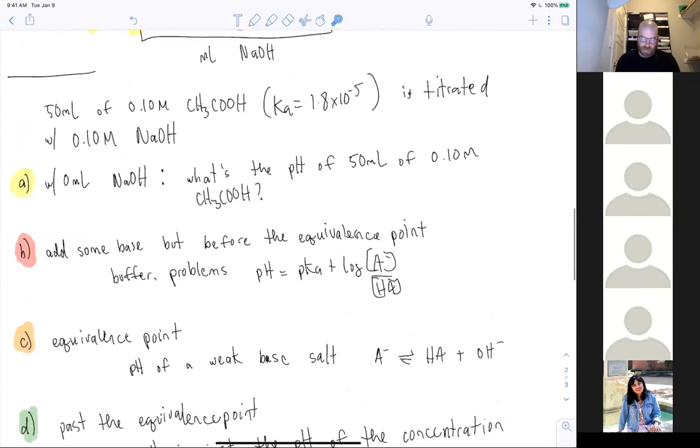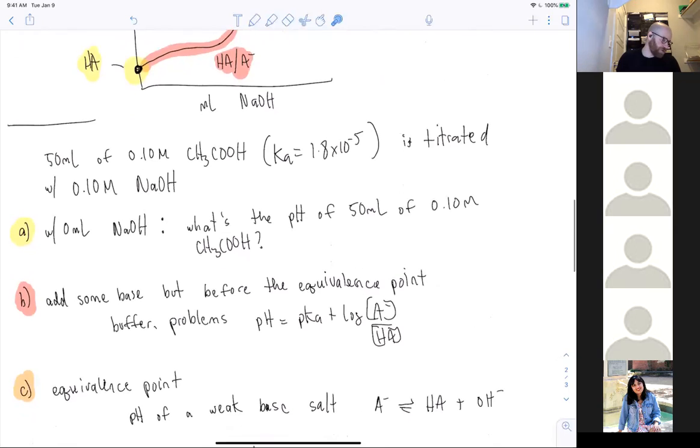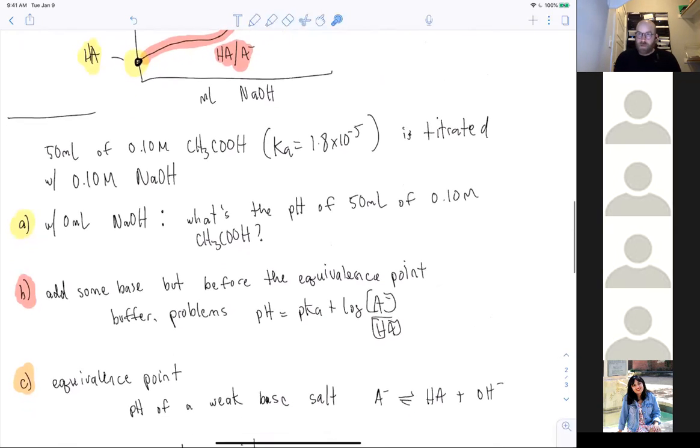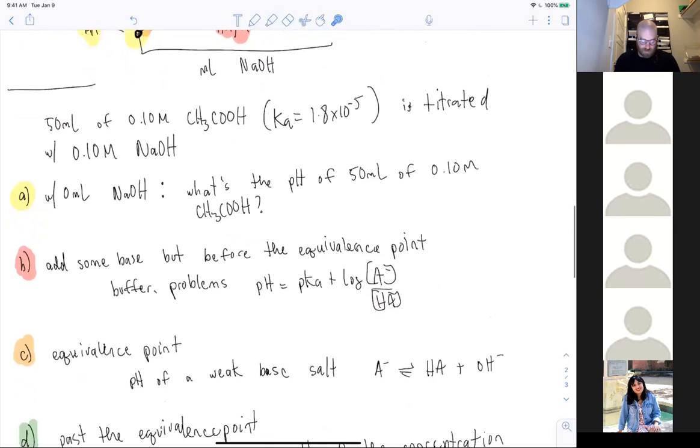All right, so let's look at a particular situation here. Let's look in the buffer zone.